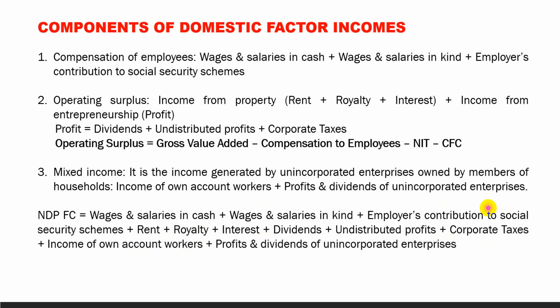The first three are the elements of compensation of employees. Next, these six are the elements of operating surplus, and under this, the last three are the elements of profit, the corporate profit. And the last two, that is income of own account workers plus profit and dividends of unincorporated enterprises, are the elements of mixed income. Thus we get the NDPFC.